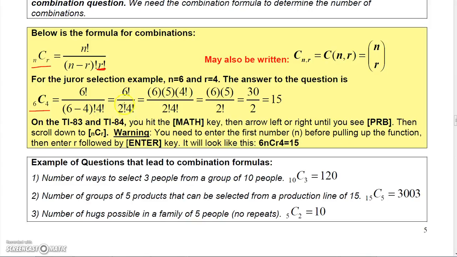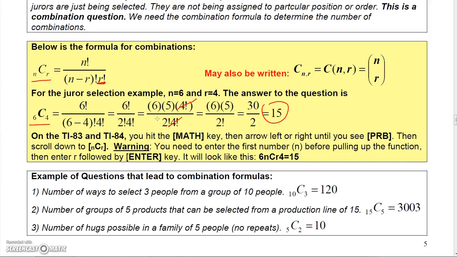That would be 6 factorial over 2 factorial times 4 factorial. I could use my little trick where I write 6 factorial as 6 times 5 times 4 factorial, then cancel it there. So I have on top 6 times 5 over 2 factorial, which is just 30 over 2, which is 15. So there are actually 15 subsets of 4 jurors I could select out of 6.